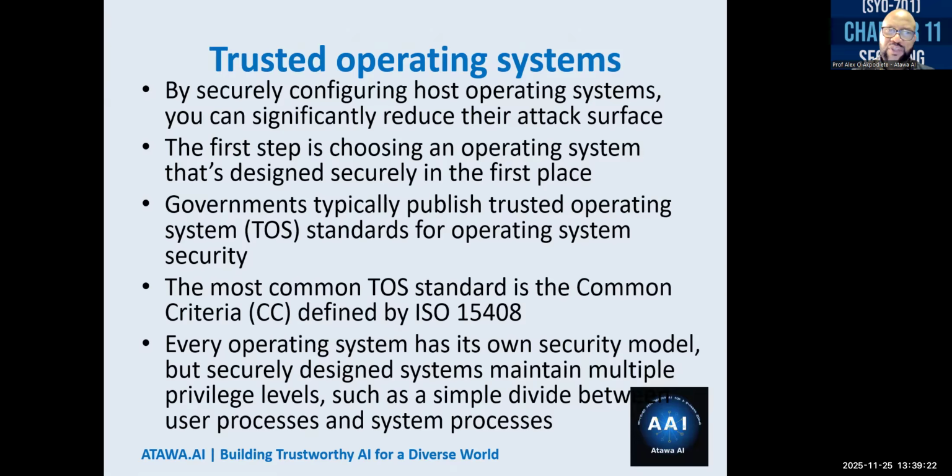So most governments, especially the US government, publish what are called trusted operating system standards. The most common one is the one defined by ISO 15408. Most of you will rarely see that ISO standard. But the point is that every operating system must have its own security module.